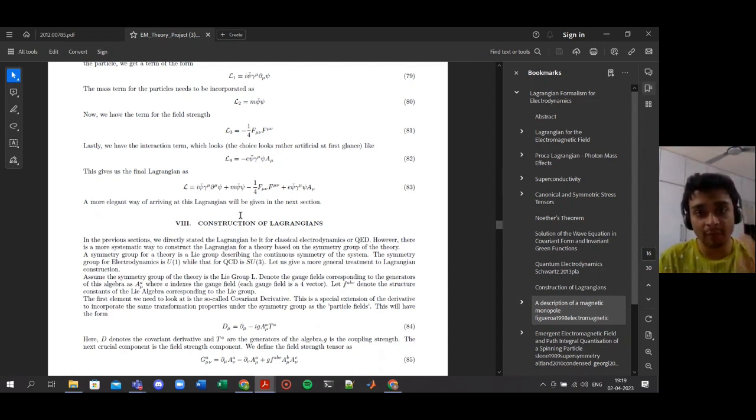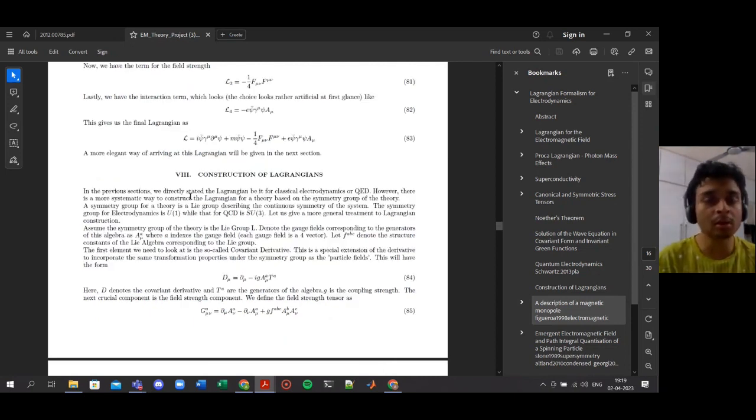That term is L4, which is basically the product of the psi bar gamma mu psi term and the A mu term. This psi bar gamma mu psi term resembles the current density. So that gives us the full Lagrangian as equation 83.